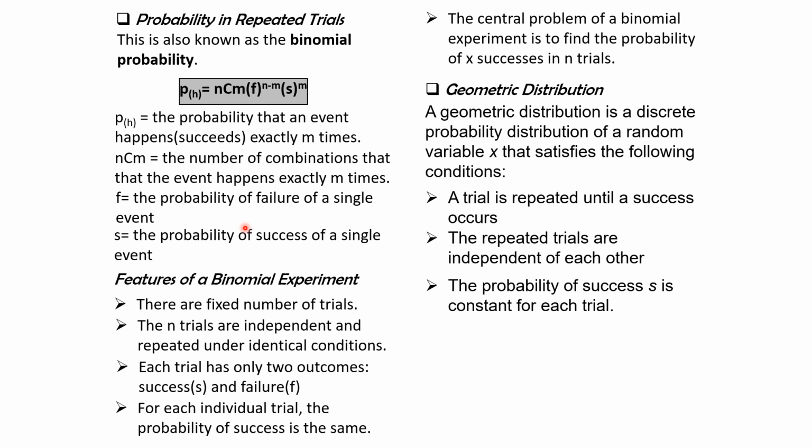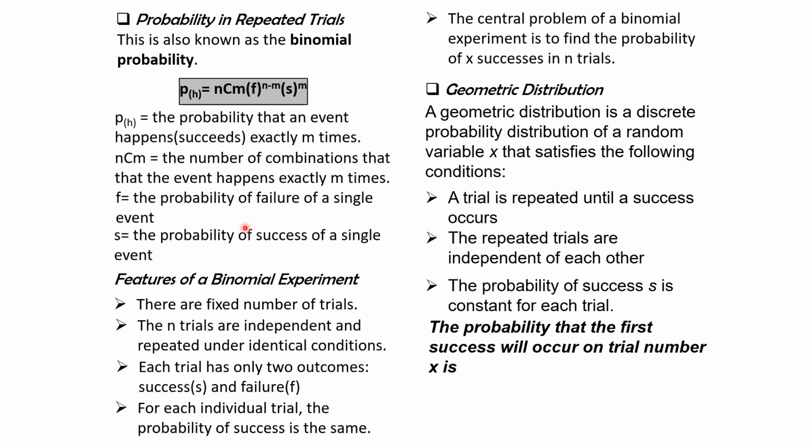So the probability of failure, 1 minus S, should be raised to X minus 1. Then the next trial is a success event, and the probability, there is only one there, is equal to S, if S is the symbol for probability of success.